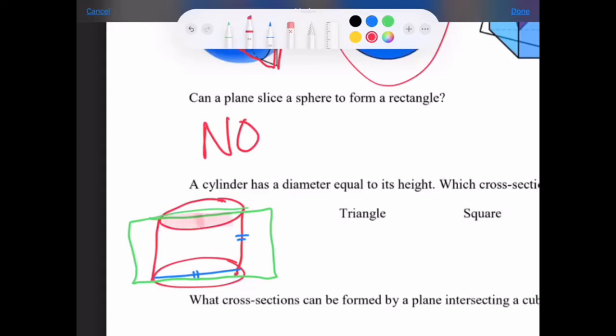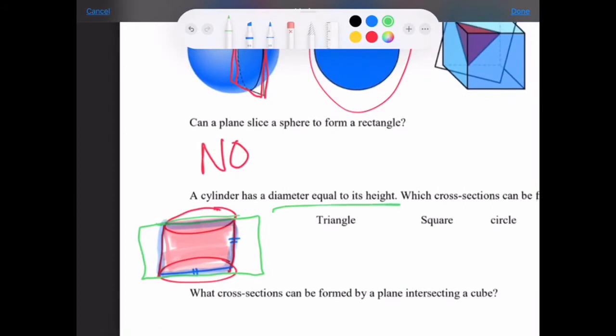What's going to be left? Right, it's going to be this shape left over. And that is a square, right? And the only reason we know that this is a square is because it told us that the diameter is equal to its height. If it didn't give us that fact, we wouldn't know that it was a square. It would be a rectangle, nevertheless, but that fact tells us it's a square.